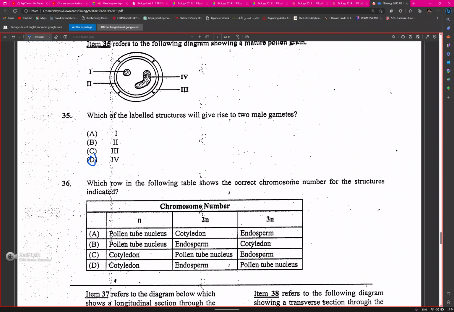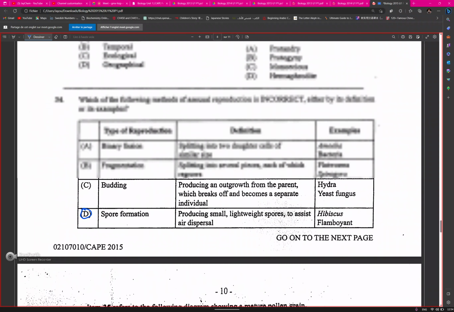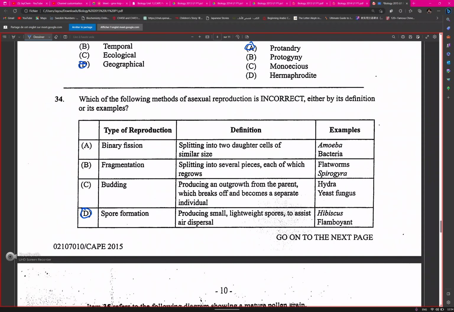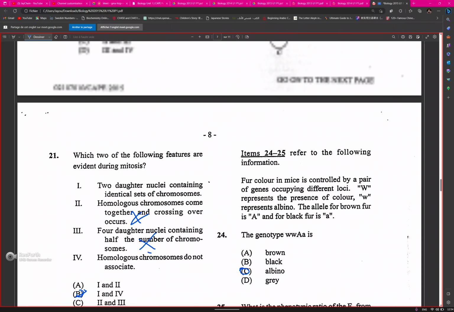Sir, hold on. What is 36? Oh, 36. A. Let's check on 23. 23? You said? Yeah.